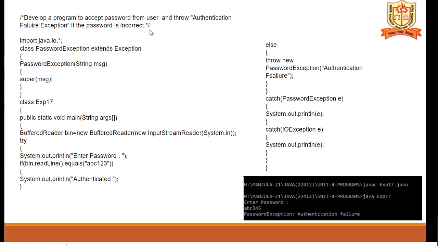Then develop a program to accept the password from the user and throw an authentication failure exception if the password is incorrect. Here same thing, we are taking the password and comparing it. The BufferedReader object is bin, so bin.readLine. Whatever password the user enters is compared to your defined password, abc123. If both are equal, System.out.println prints authenticated.